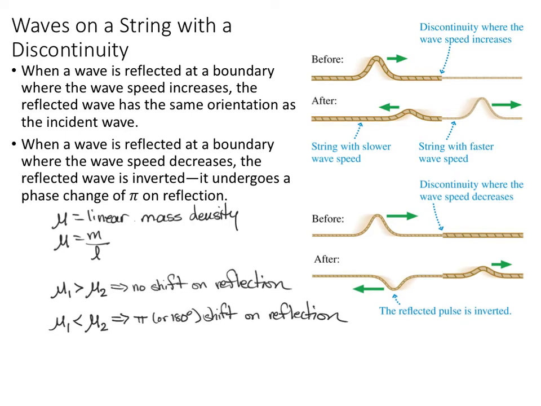And we can see this, right, because if I start with the skinny rope and go towards the heavy rope, on reflection, this reflected pulse is flipped upside down. That's my 1 pi or 180 degree shift that happens on reflection. The transmitted pulse has the same orientation, but it's a little smaller in amplitude and it's moving slower.